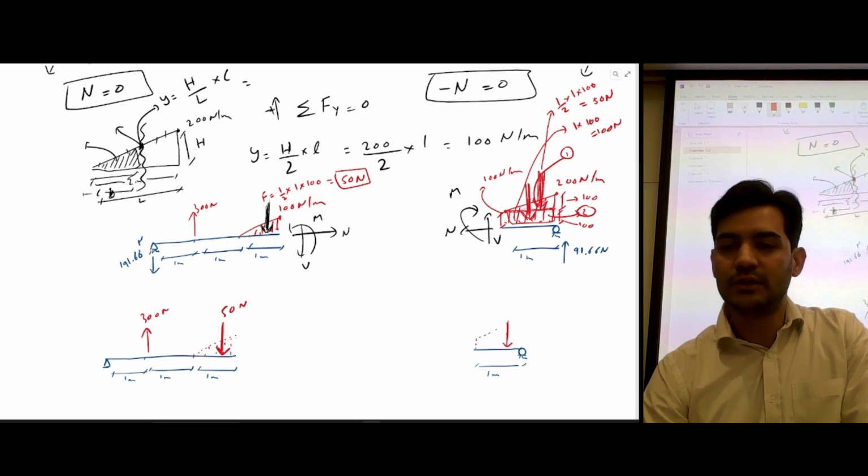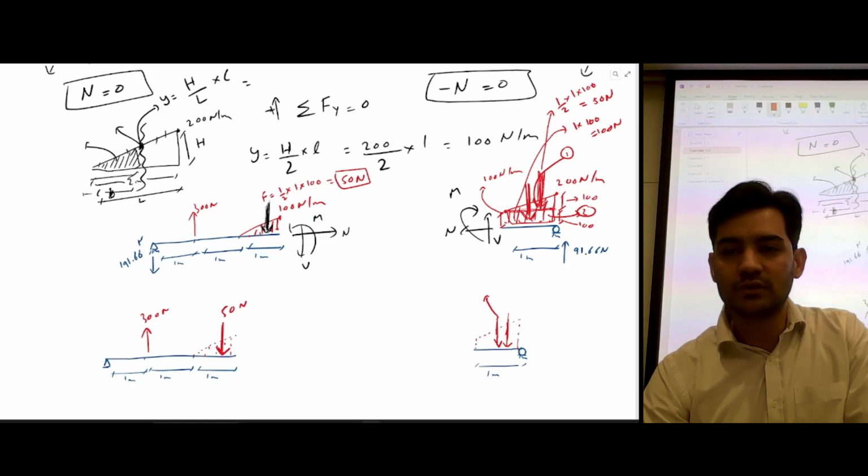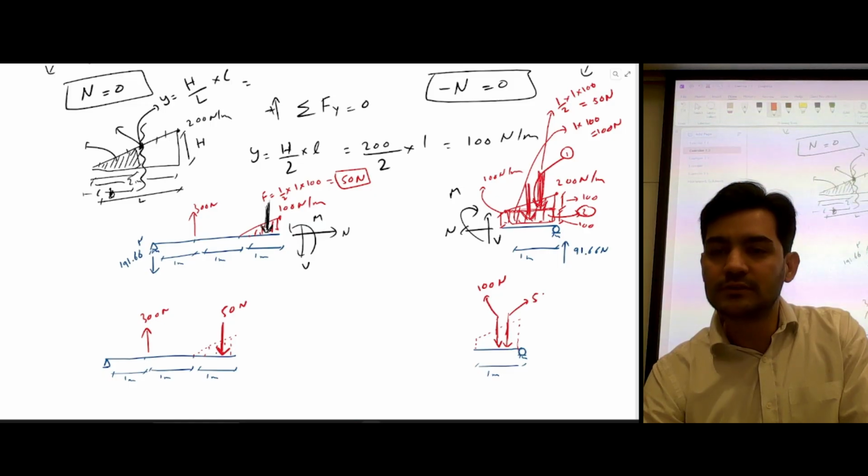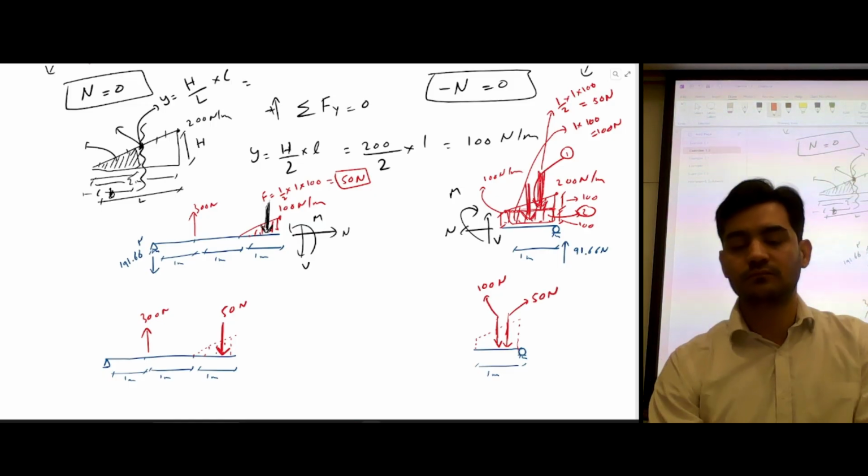Instead of using the trapezoidal load, we have used two forces, one triangular and one rectangular. The rectangular one is 100 Newton, and the triangular one is 50 Newton.